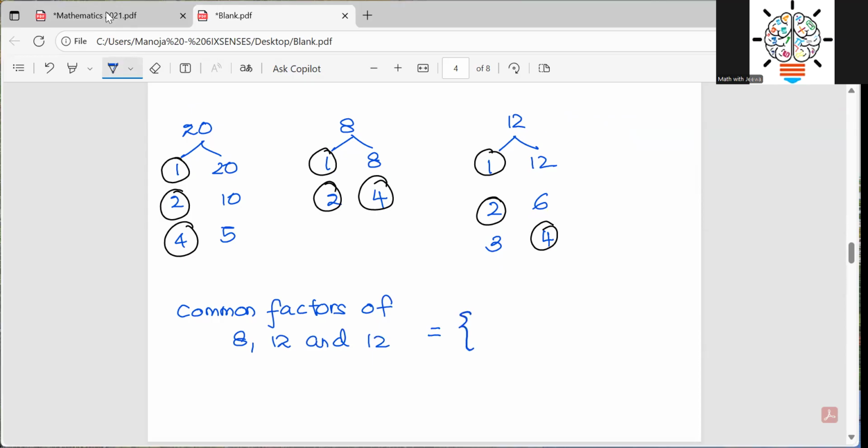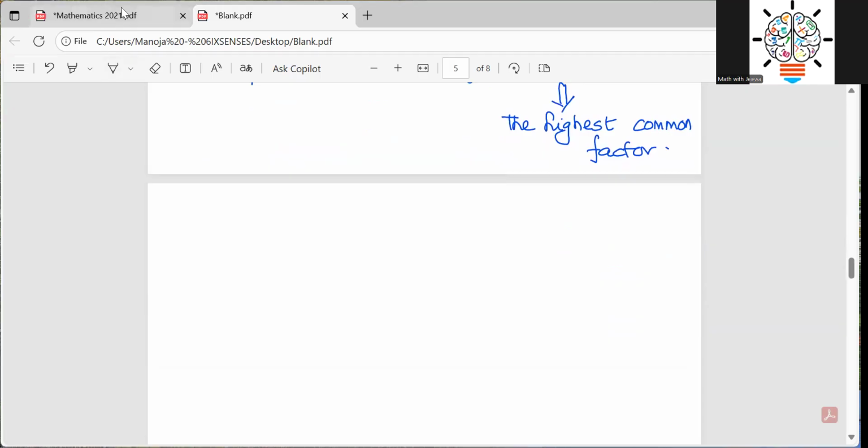How are we going to list them down? 1, 2, 4, and this 4 will be the highest common factor. Highest common factor. Okay. Then we will move to the next question.